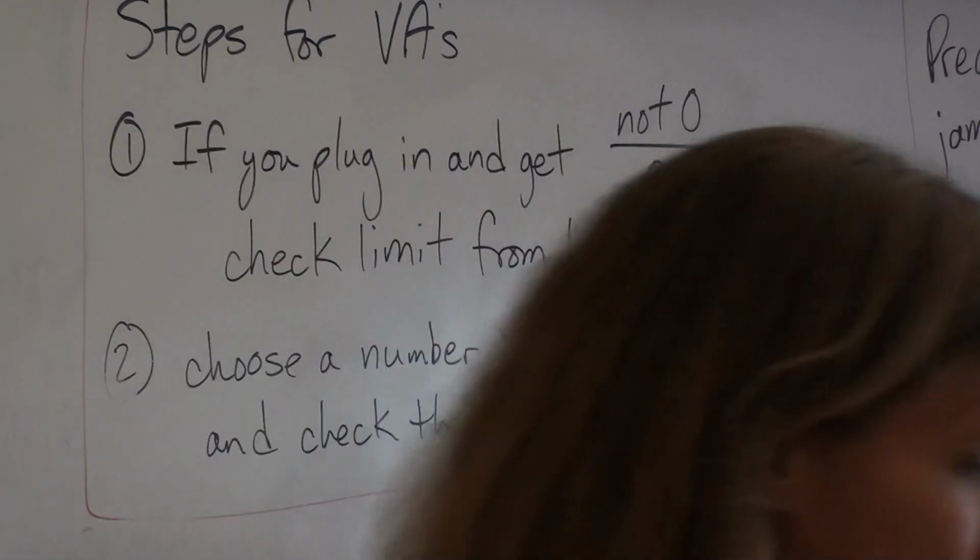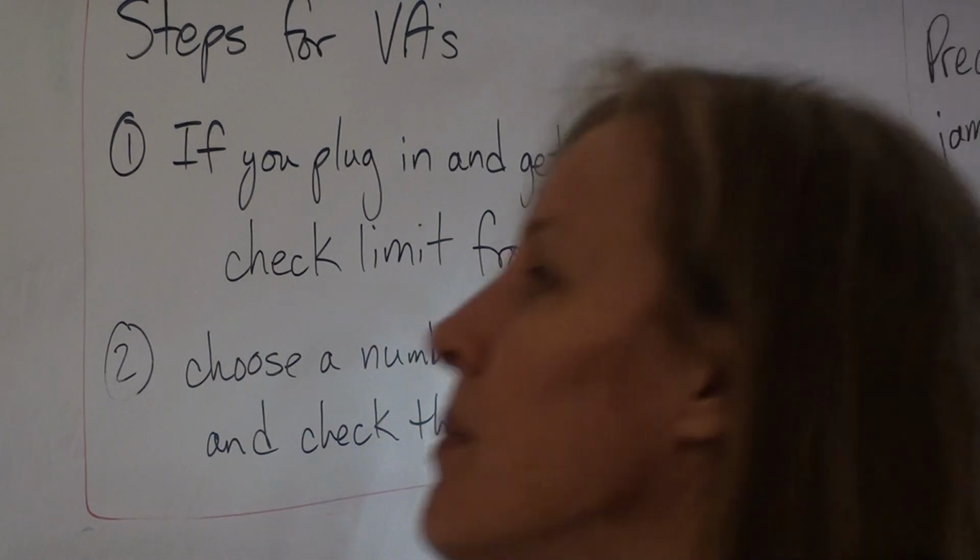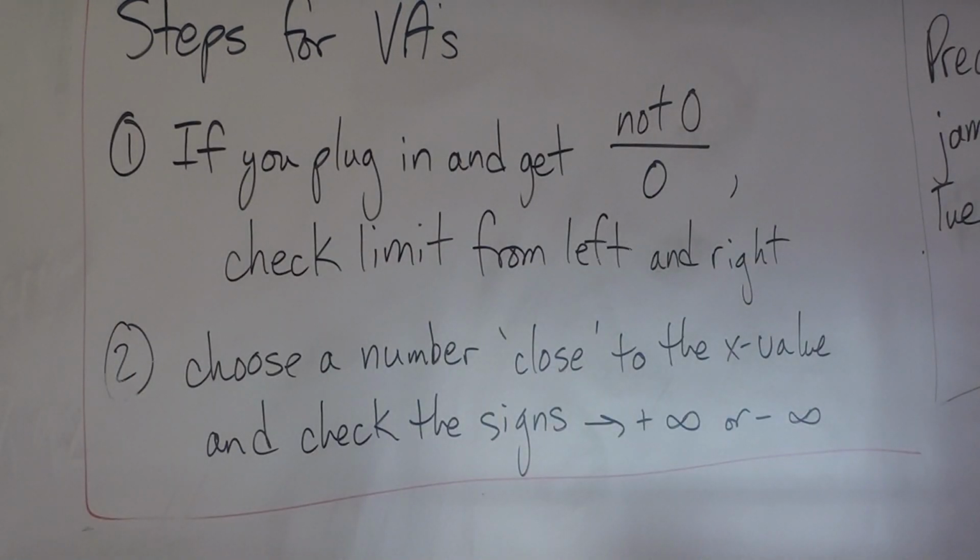So let's do another example. So we're going to do the limit. In your homework, some problems will say find the vertical asymptote, but some problems will just say, hey, find the limit. So we have this over this.